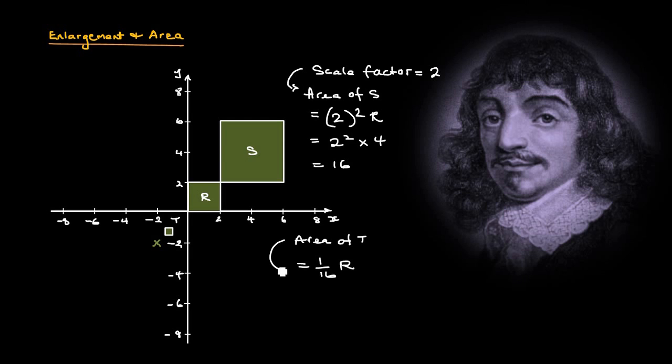Because what we have to do, if we're going in the opposite direction, here we were going from linear scale factor to an area, now we're going from an area scale factor to a linear. So the scale factor must equal the square root of 1/16.